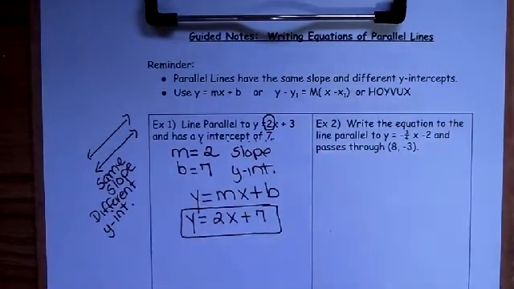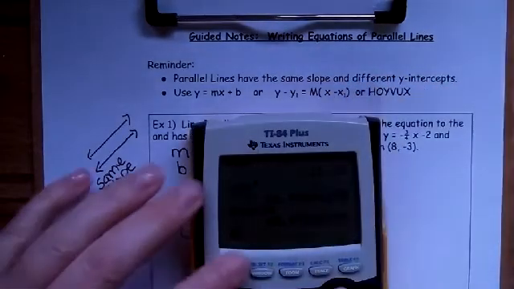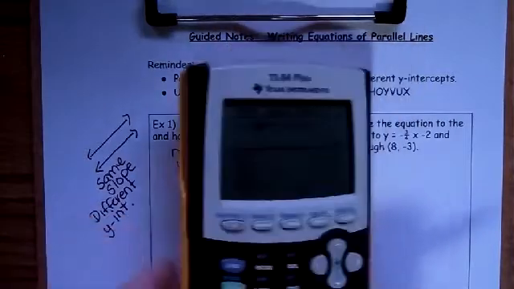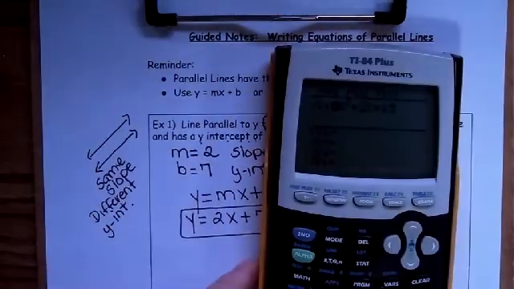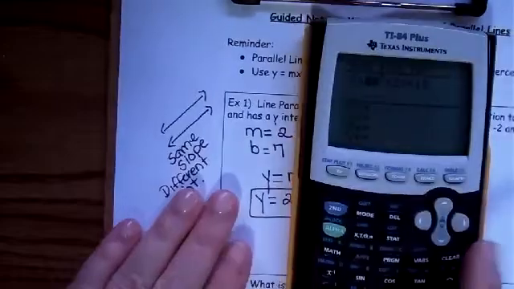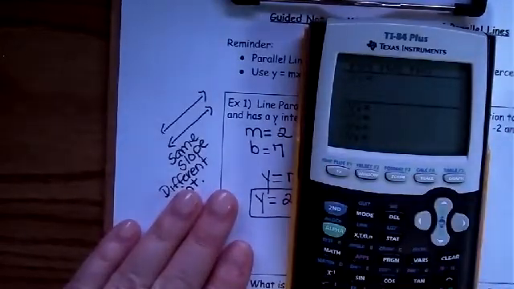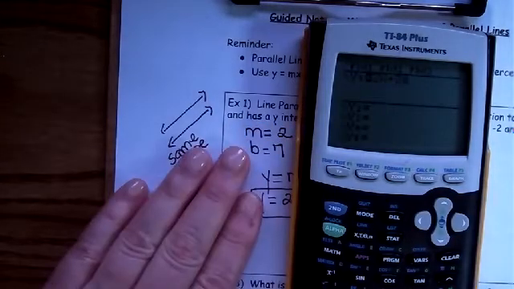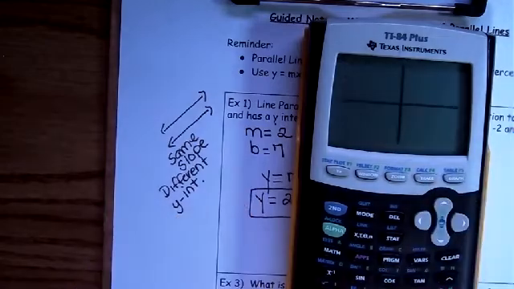Now, if I wanted to prove that, I could take my calculator and go to y equals. Let me turn my light on. If I go to y equals and I type in 2x plus 3 and 2x plus 7 and press graph.